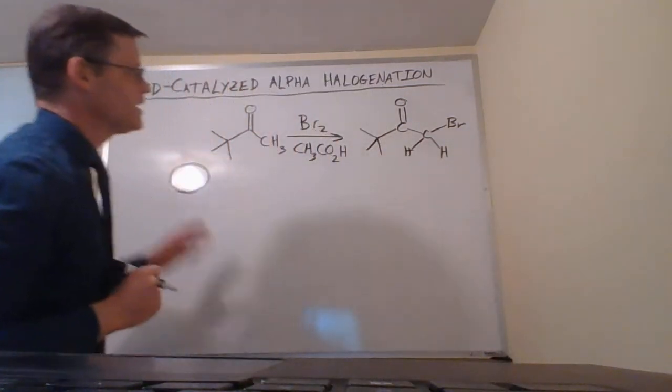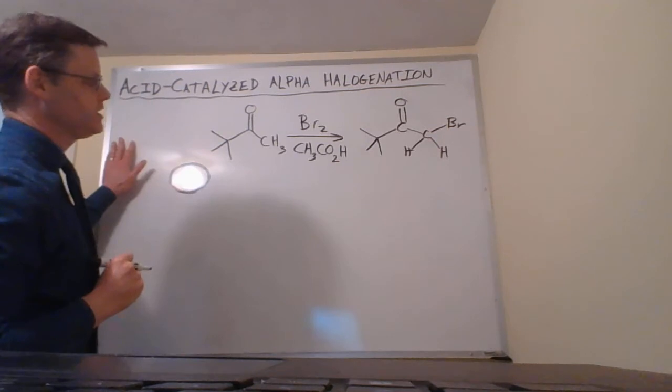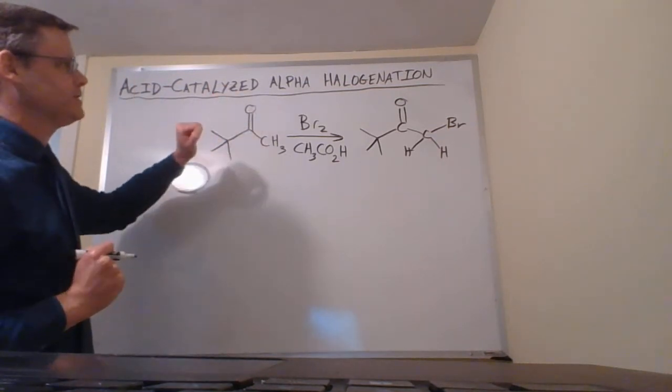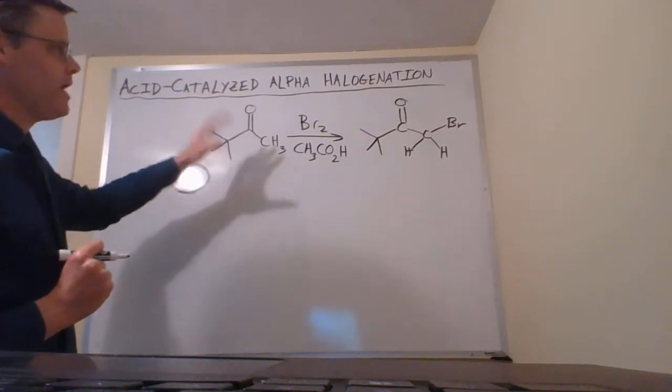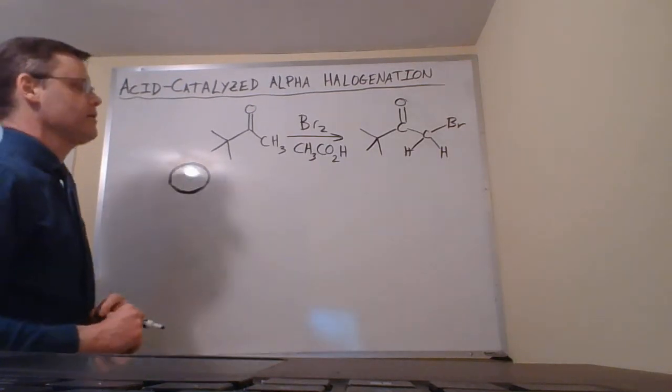Now, unlike the base-promoted alpha halogenation, with the acid-catalyzed alpha halogenation, you're able to control how many halogens you add.